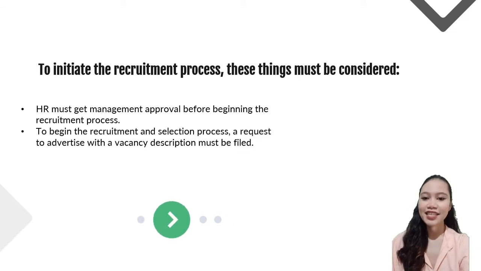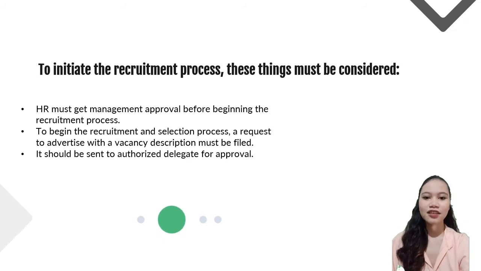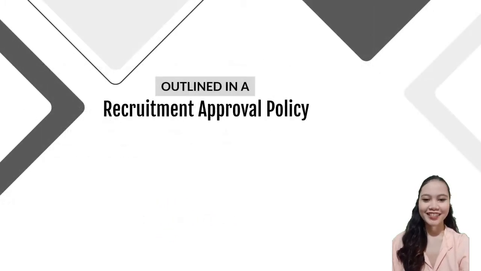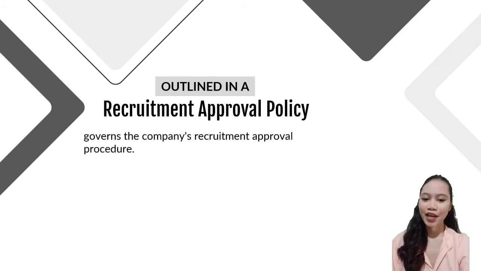To begin the recruitment and selection process, a request to advertise with a vacancy description must be filed. It should be sent to an authorized delegate for approval. All of these considerations are outlined in a recruitment approval policy, which governs the company's recruitment approval procedure.